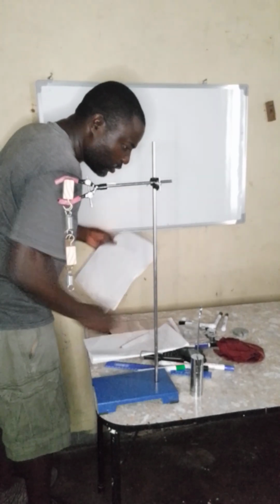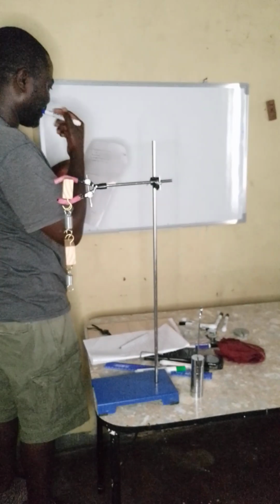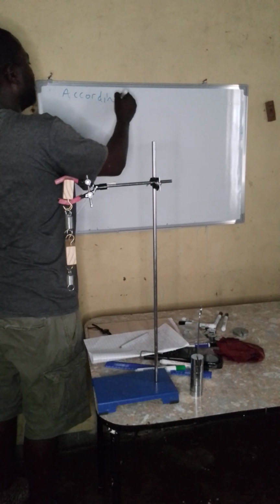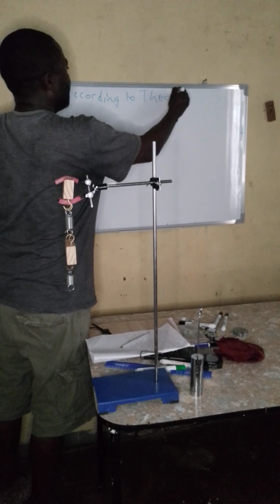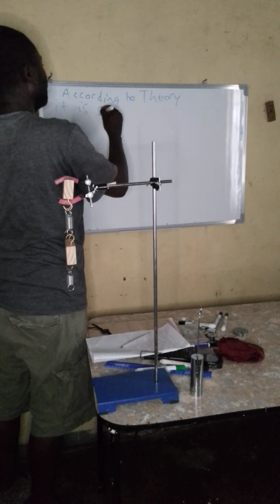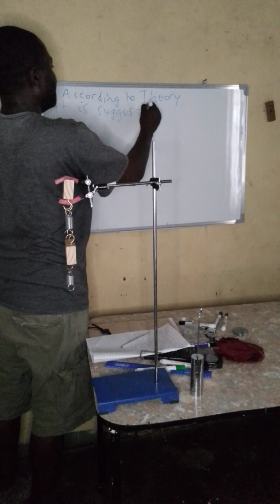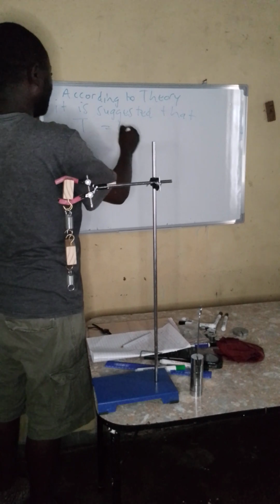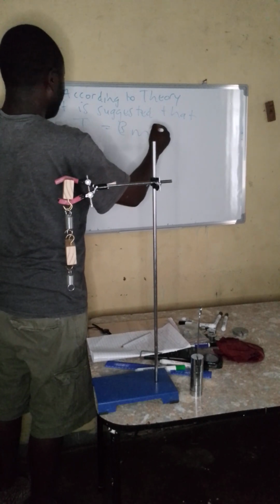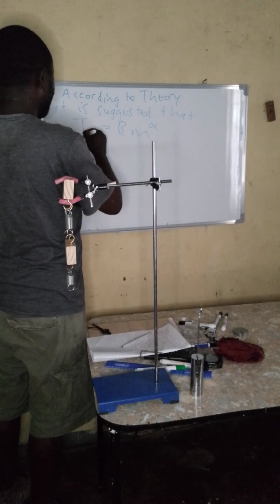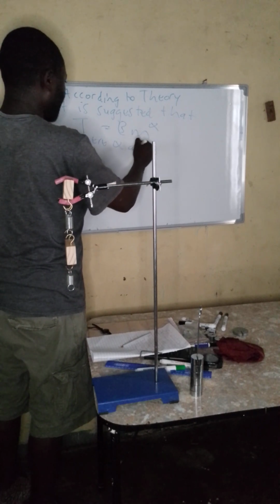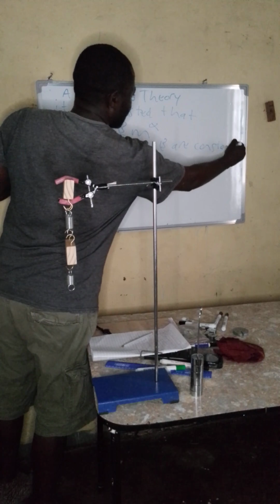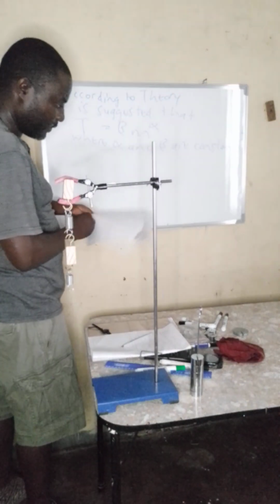We're told that according to the theory of this experiment, it is suggested that T is equal to beta M to the power alpha, where alpha and beta are constants, right?